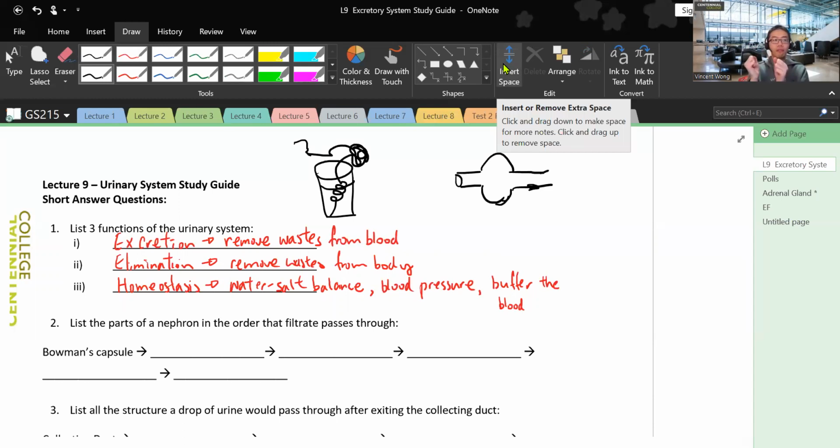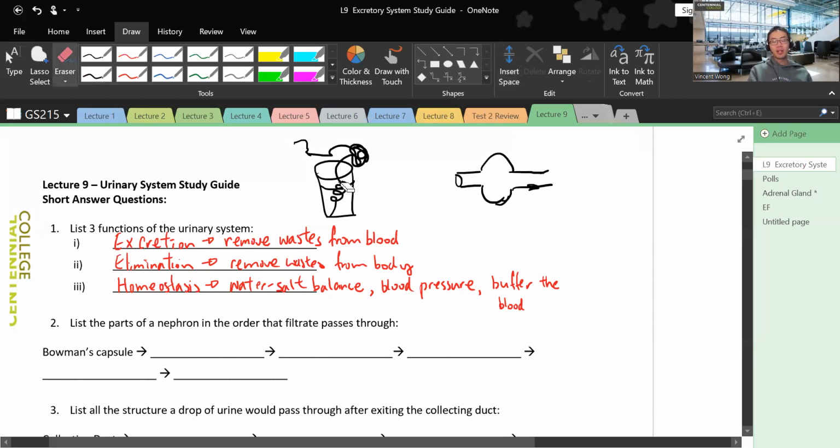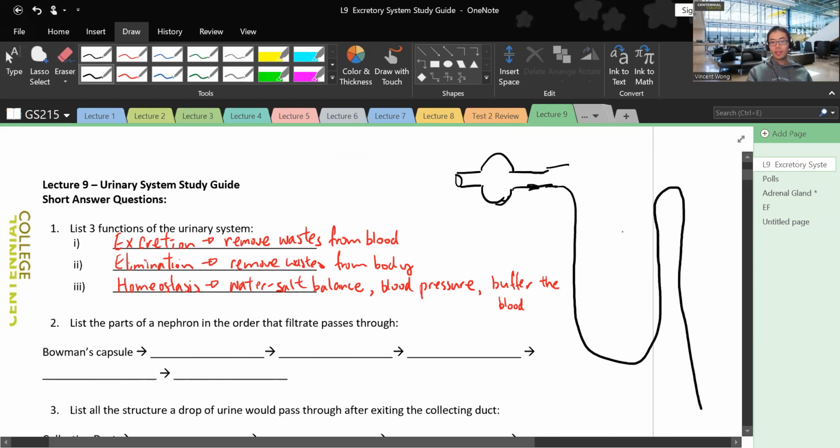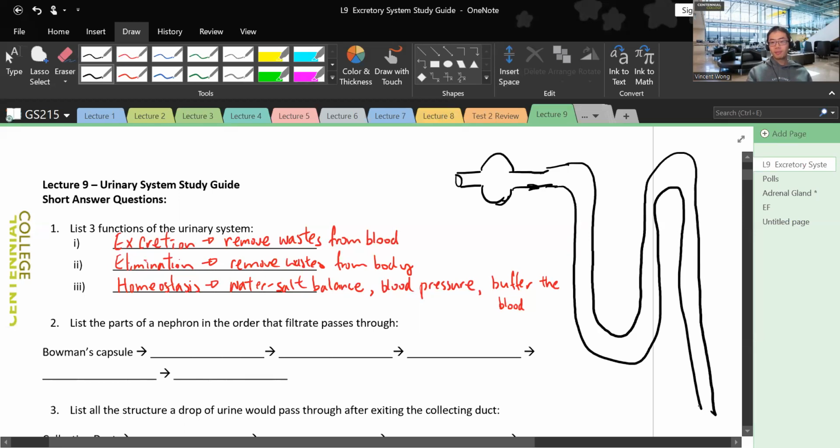It's really convoluted, very twisted up, and it packs itself in the kidney. But it's really difficult to label things when it's all twisted up like that, right? So we're gonna untwist it, and you just have to believe me that it will look something like this. Okay, so that is your not so crazy straw right here.